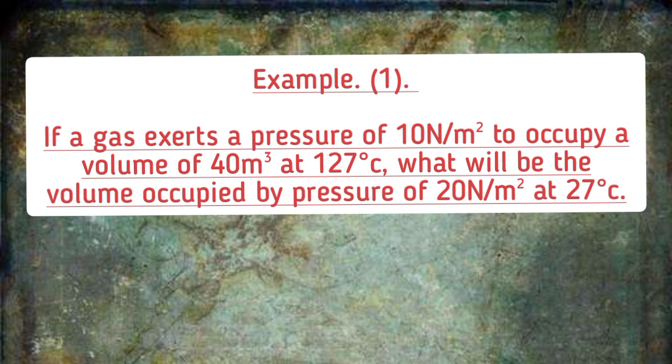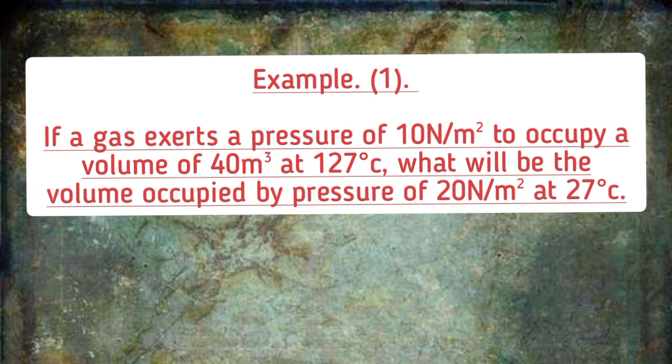So in this case, this 127, you add 273 to convert it to Kelvin. That's the same thing you will do to this 27 degrees centigrade. You add 273. That is the constant that we add to convert degree centigrade to Kelvin. So whenever you want to solve gas laws, always remember to convert degree centigrade to Kelvin so that you can start your solving.